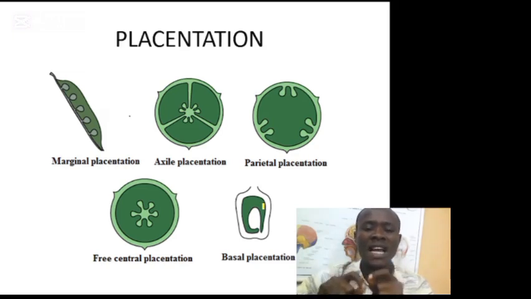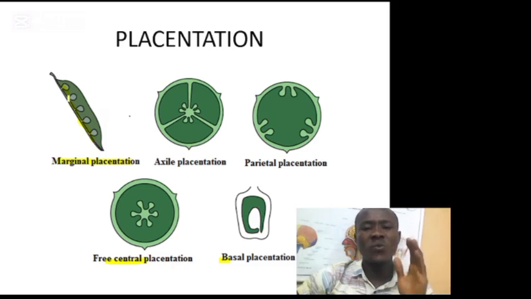We have different types of placentation. We have the marginal placentation, we have the axial placentation, we have parietal placentation, we have the free central placentation, and we have the basal placentation. So let's start with the marginal placentation.